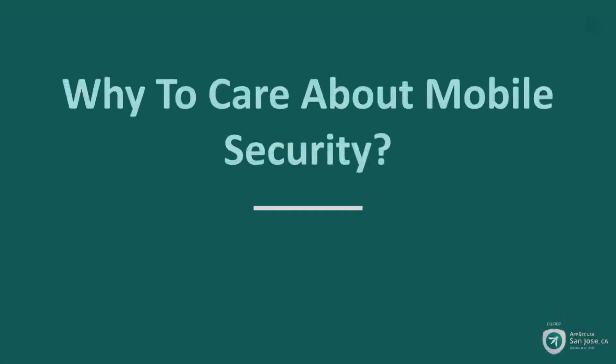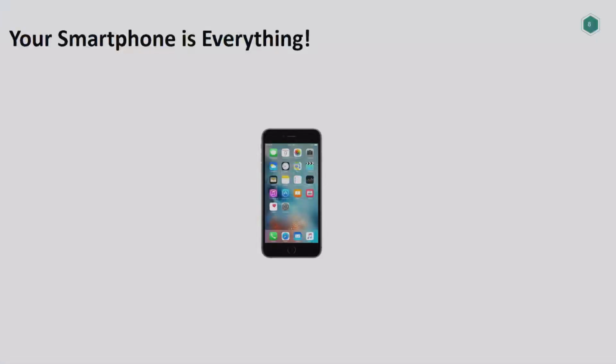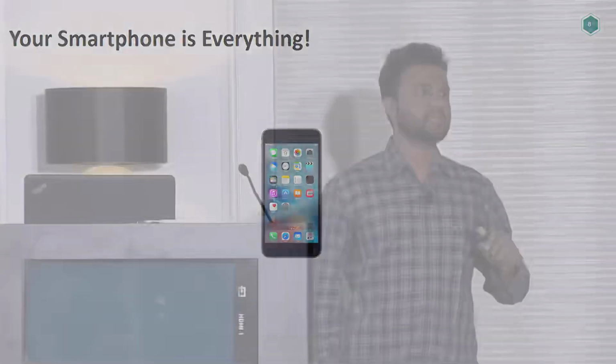So the first is why to care about mobile security. The thing is, right now you have your smartphone in your pocket and it has everything. You have financial applications which are handling your credit card data or financial data. You have the mobile application where you have attached your credit card.